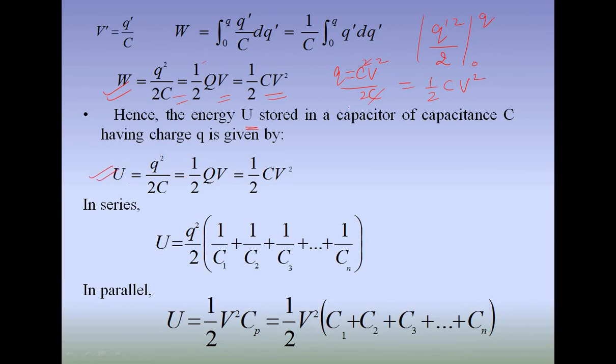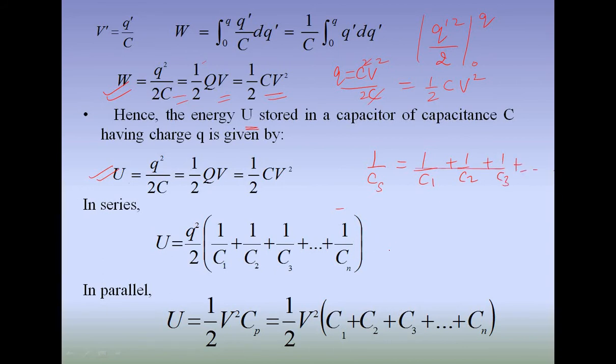And in series you must do it yourself, that when capacitors are connected in series, then what happens, and when the capacitors are connected in parallel, then what happens. When you perform this yourself, you will get that in case of series, 1 by CS is equal to 1 upon C1 plus 1 upon C2 plus 1 upon C3 and so on.